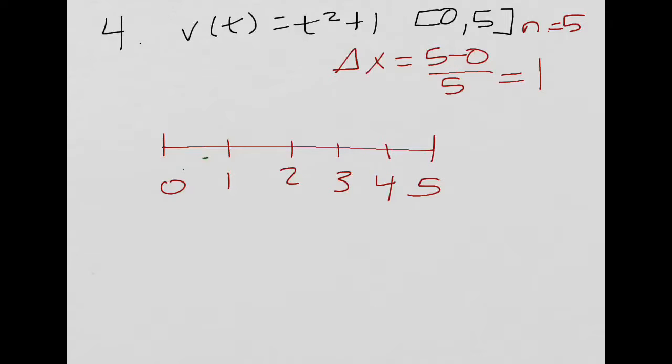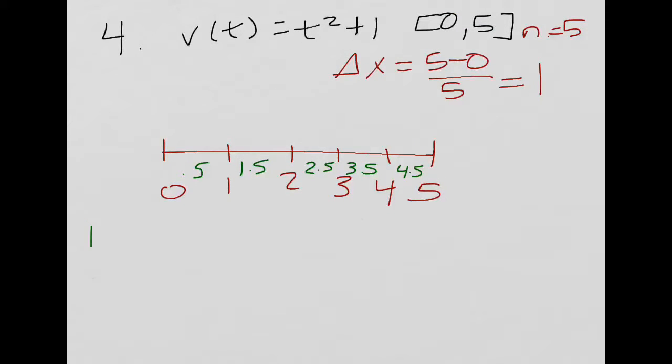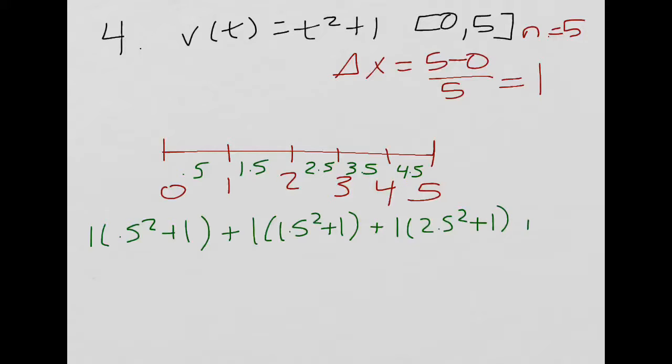I'm using the midpoints, so 0.5, 1.5, 2.5, 3.5, and 4.5. So my width is 1, and then it's 0.5 squared plus 1 plus 1.5 squared plus 1 plus 1, 2.5 squared plus 1 plus 1, 3.5 squared plus 1 plus 1, 4.5 squared plus 1.